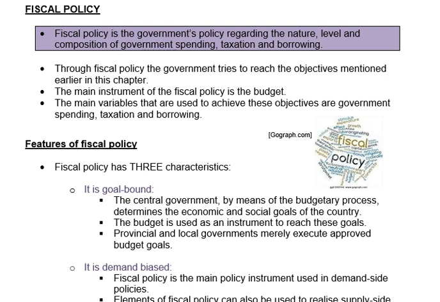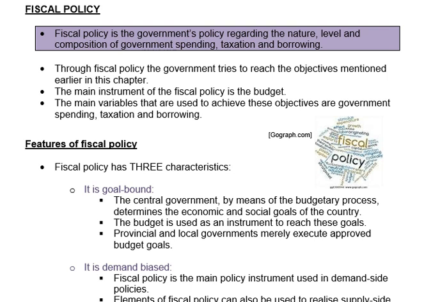Right, so when the government makes changes to their spending and to their taxation, they are trying to reach those objectives. Now, they don't just change them to be funny. They make changes because they feel that the changes will help them to reach their objectives.